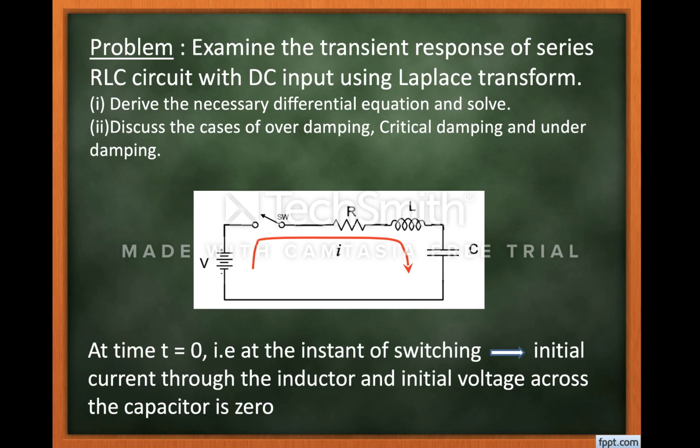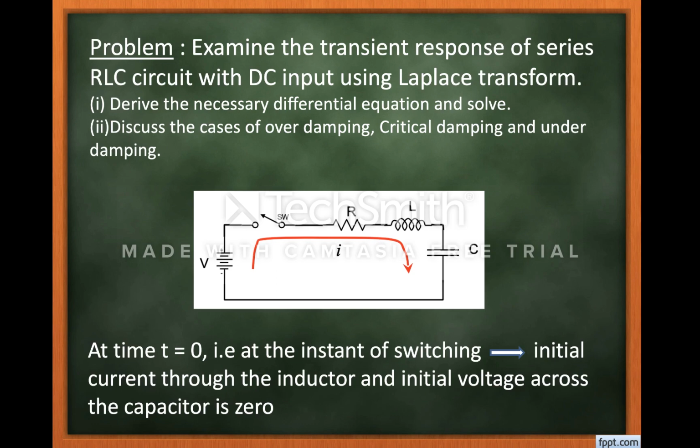Now this is the circuit of a series R, L and C with an input of DC voltage applied. At time t equal to 0, that is at the instant of switching, the initial current through the inductor and the initial voltage across the capacitor are 0. Why?